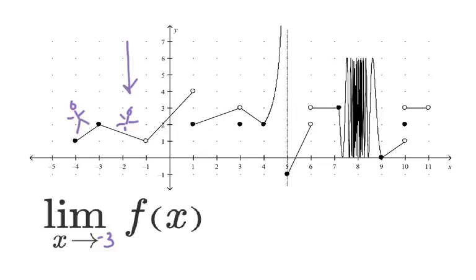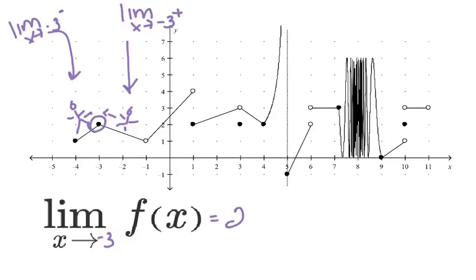This guy, if you want to think of it this way, is the limit as x approaches negative 3 from the right, and this one is the limit as x approaches negative 3 from the left. What y value will they meet at? Well, the y value they're both walking towards is y equals 2.